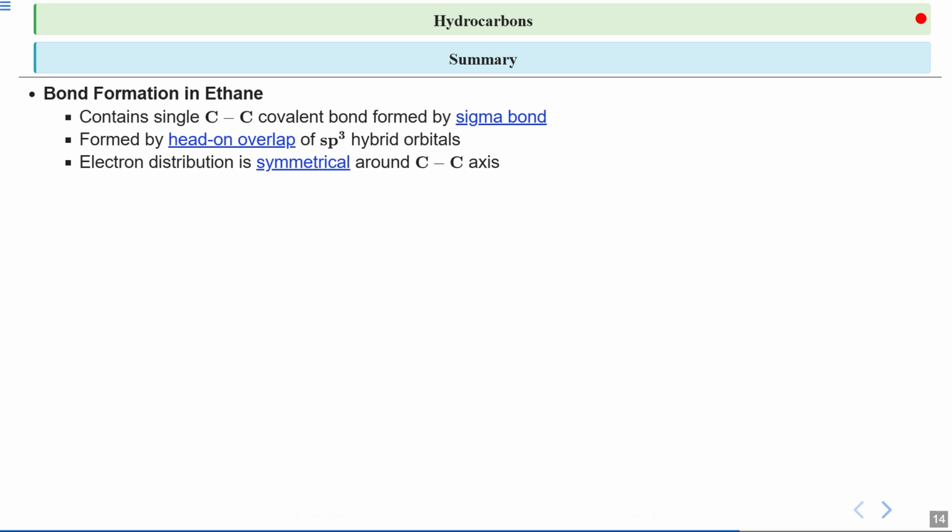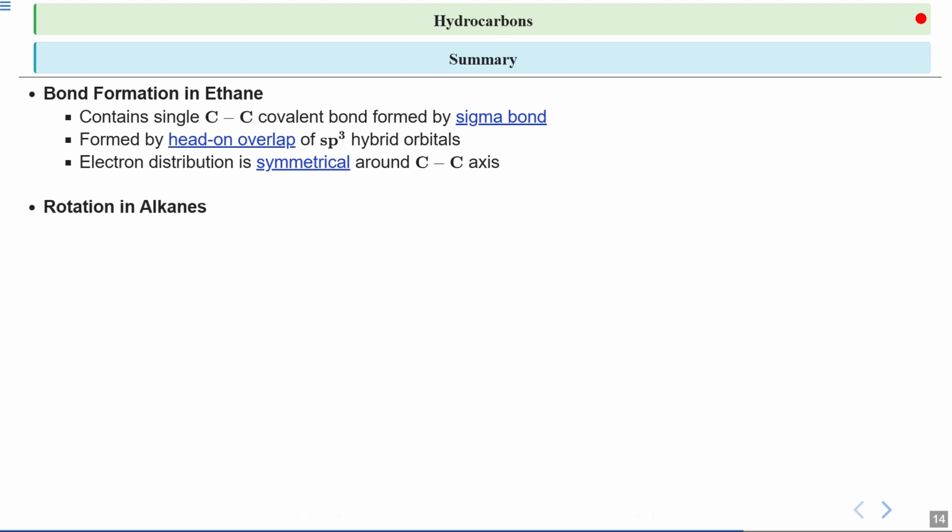Now, they have a symmetrical electronic distribution around the C-C axis, right? Due to only sp3 hybrid orbitals combining with each other, they have a symmetrical electronic distribution around the C-C axis.